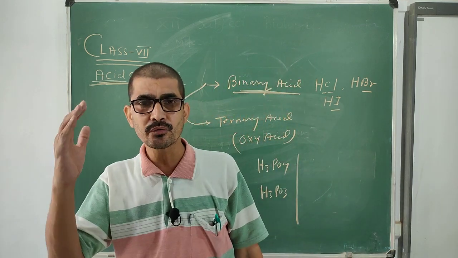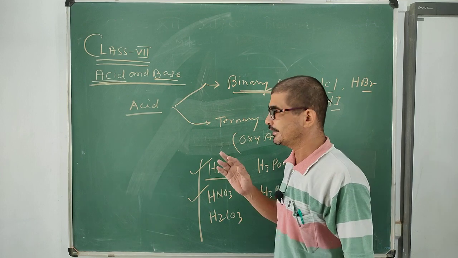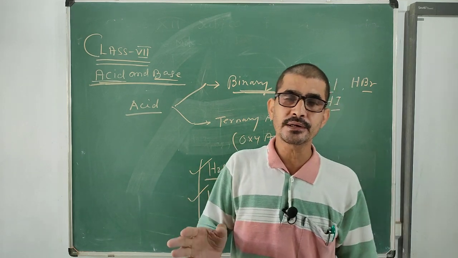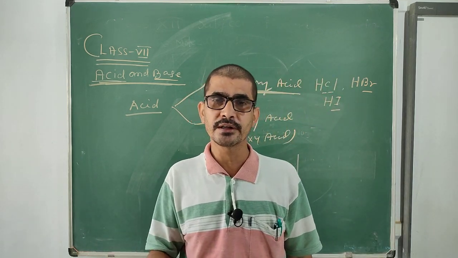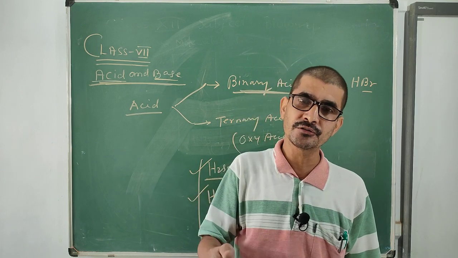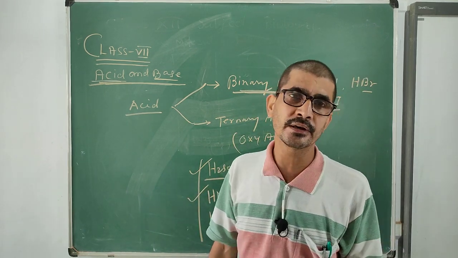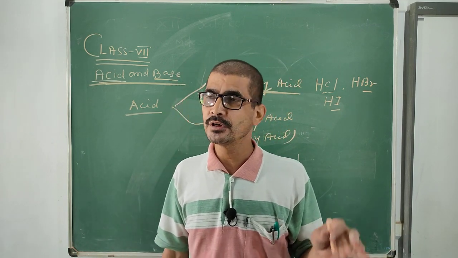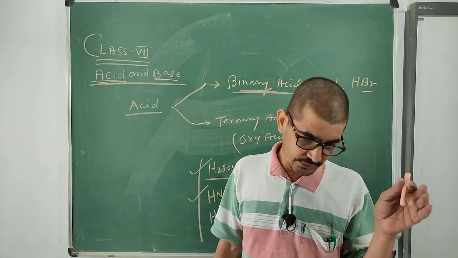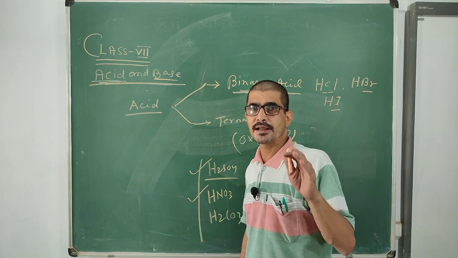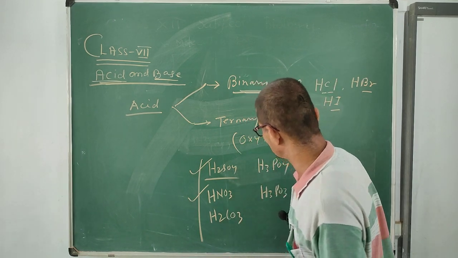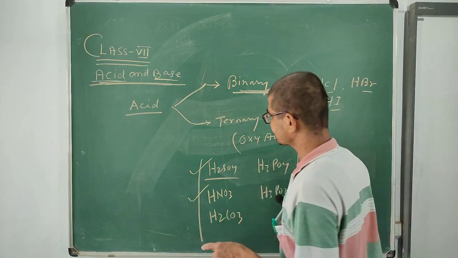But as far as weak acids are concerned, they are not completely dissociated in aqueous solution. In other words, an acid which is partially dissociated in aqueous solution and gives a smaller number of hydrogen ions is called a weak acid.